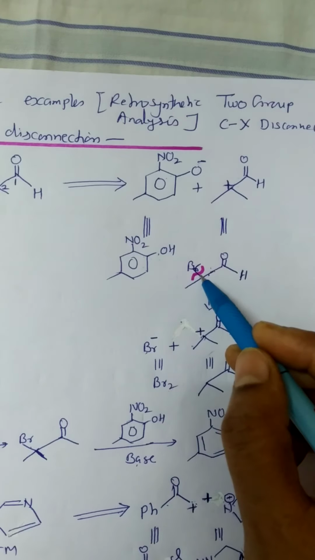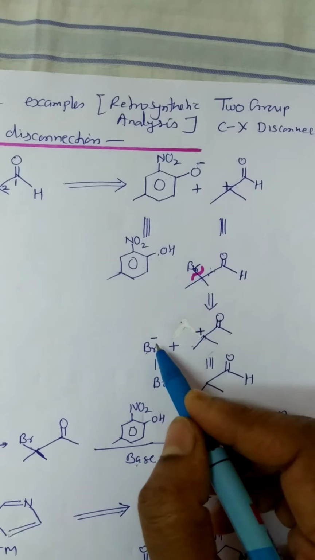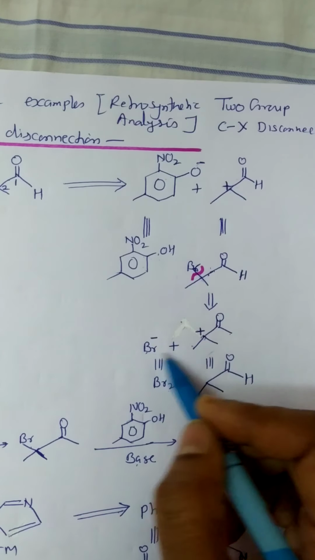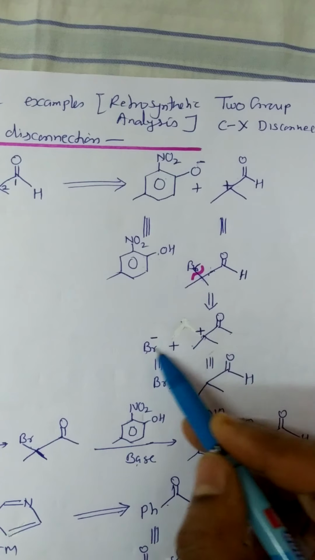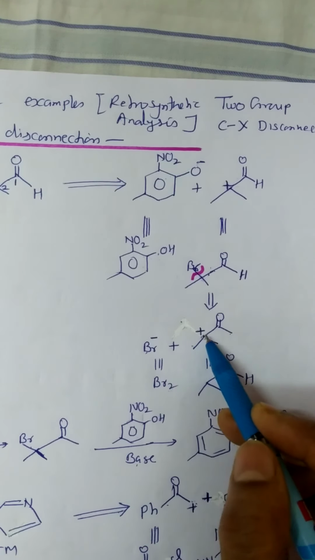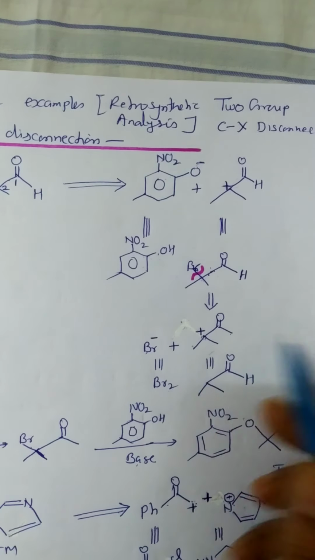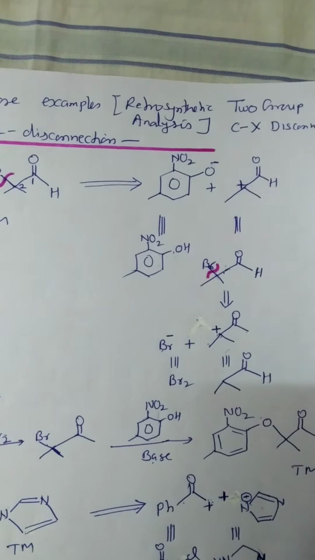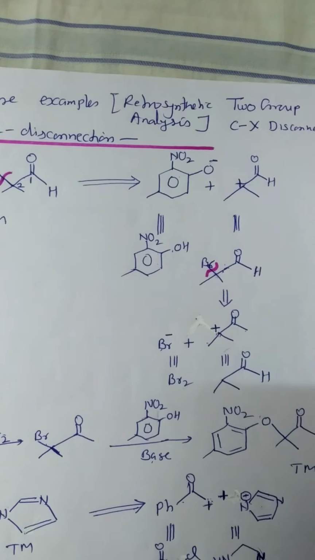Therefore, we disconnect it further, and after disconnection we get these two synthons. By adding the positive part to this negative synthon and the negative part to this positive synthon, we obtain this type of synthetic equivalent. And these are the starting materials for our target molecule.